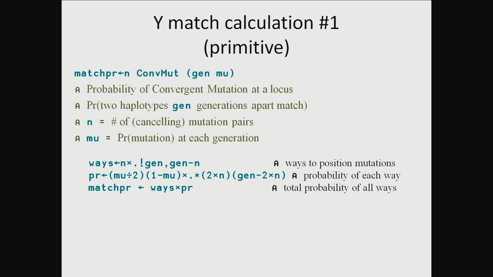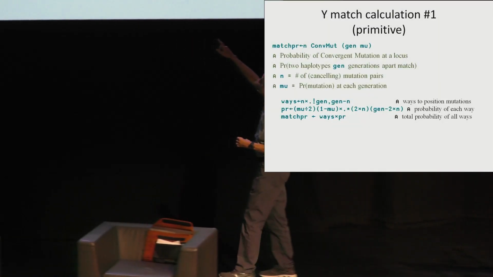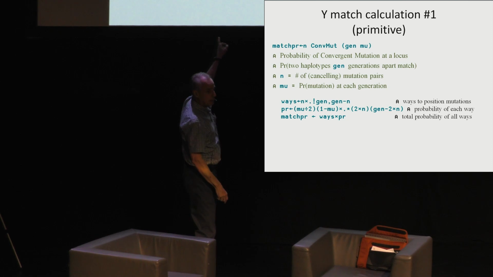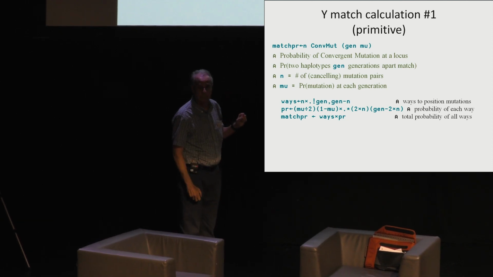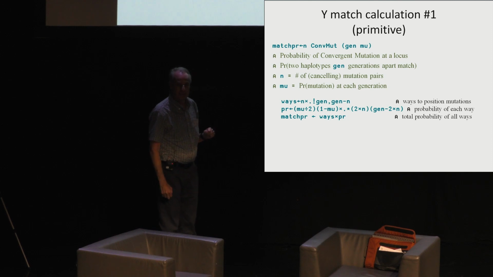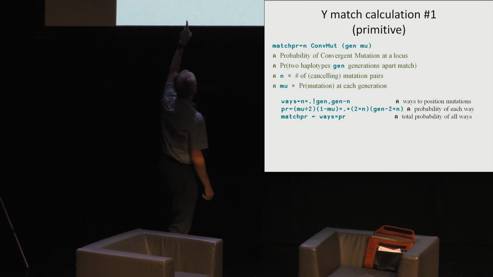And the only thing I'll say about these formulas is that one of my favorite dot products is the times dot shriek. We calculate the number of places.